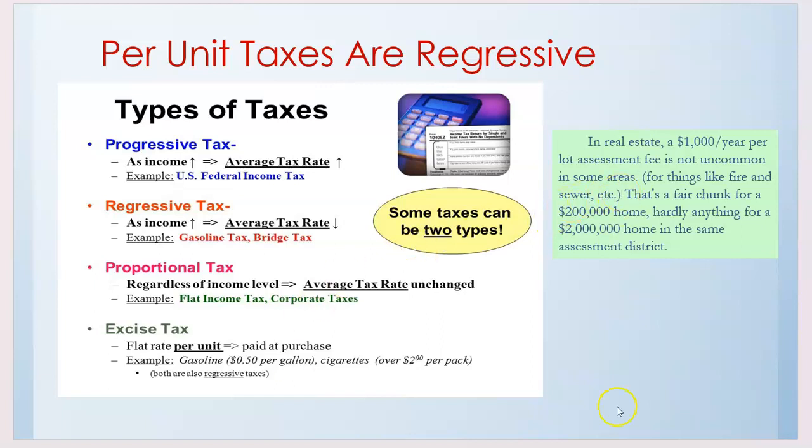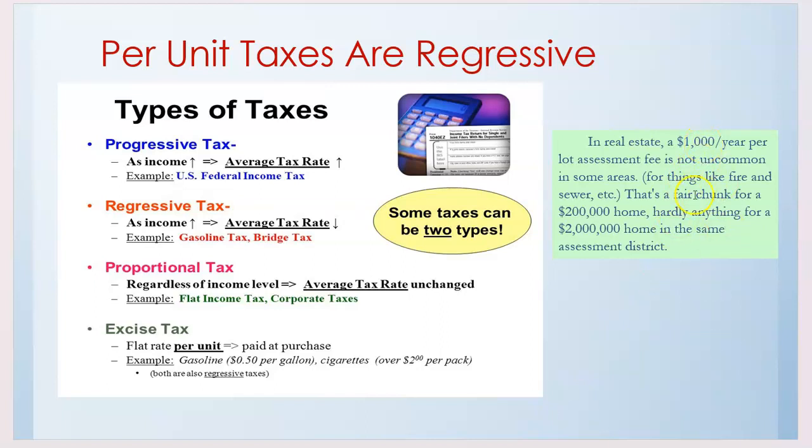So here's an example to show you what regressive is. Let's take, for instance, real estate in a town where every house has to pay a certain amount per year. Sometimes it is a flat fee to pick up the trash. Sometimes it is a flat fee to maintain the road. Sometimes it is a flat fee for the fire department. There's every house. So whether your house is $200,000 in value or $2 million in value, every house is spending $1,000.